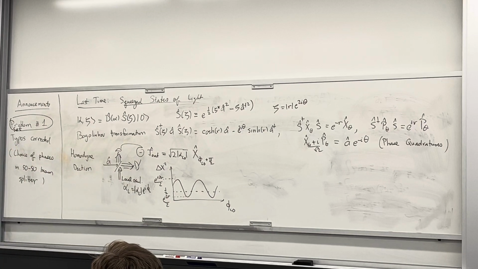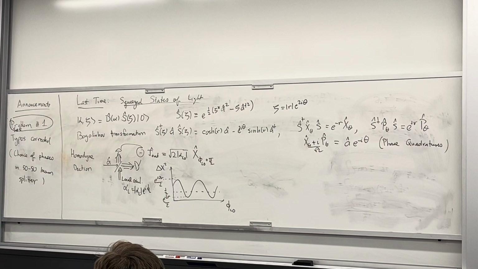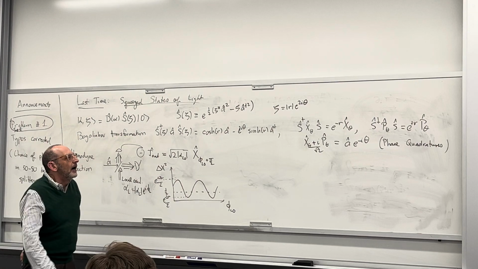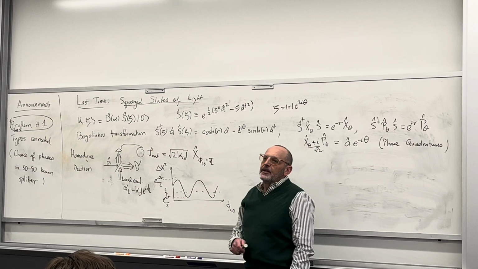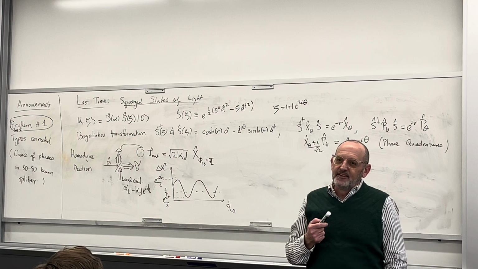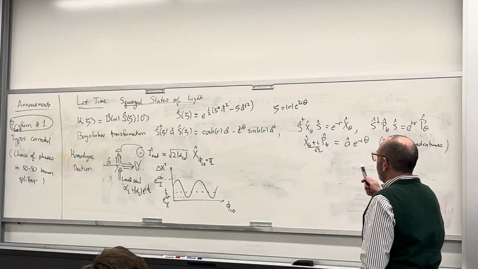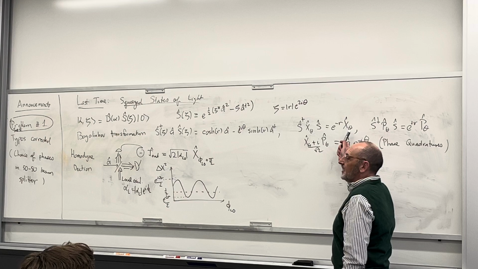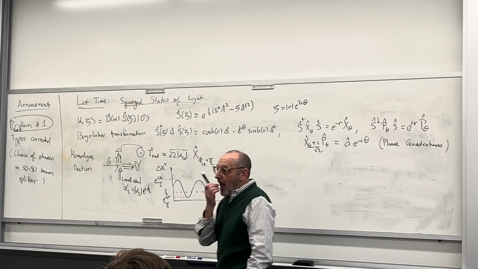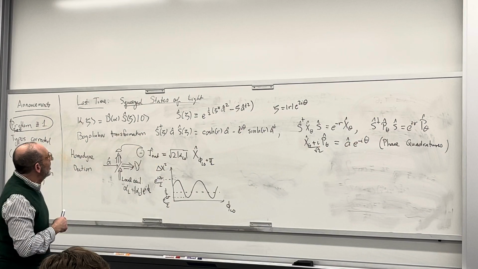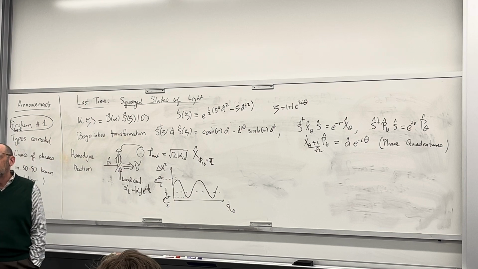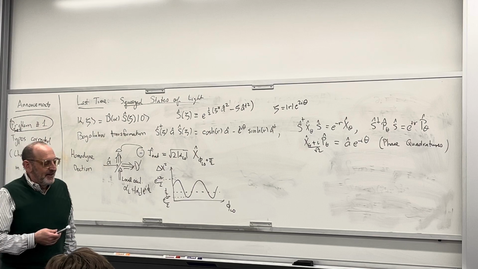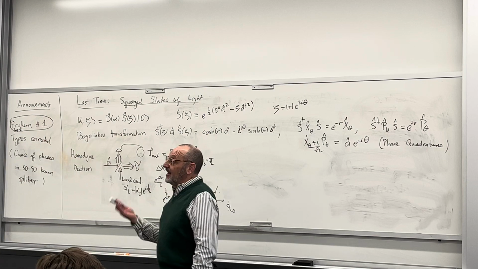And what we discussed last time is the way that we measure the quadratures, or some particular quadrature, is with a phase-sensitive detector, because this obviously depends on the phase of something. And that phase can be chosen as the phase of some local oscillator, which in the optical context is a laser.